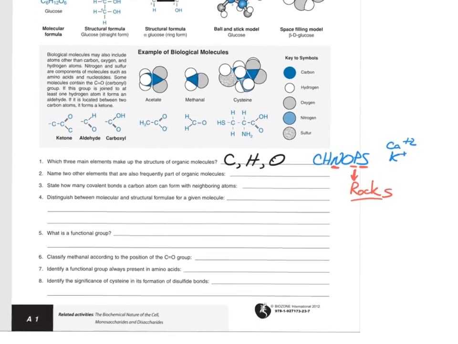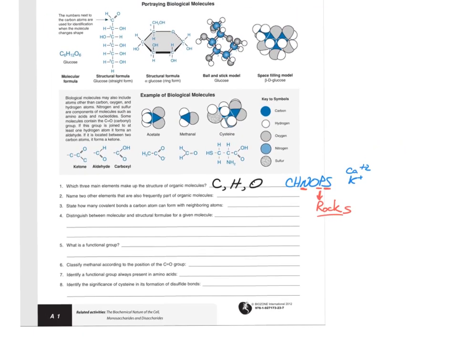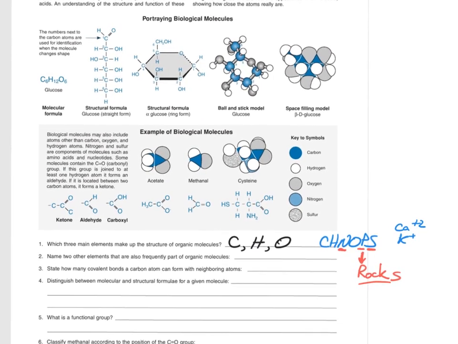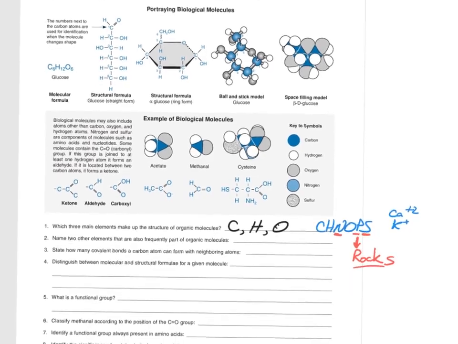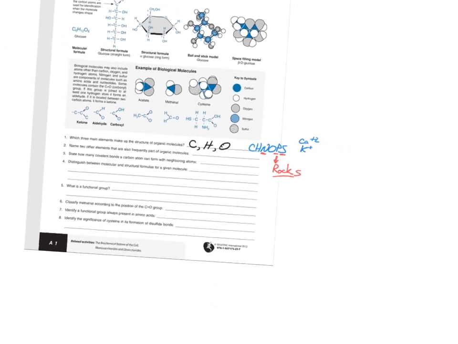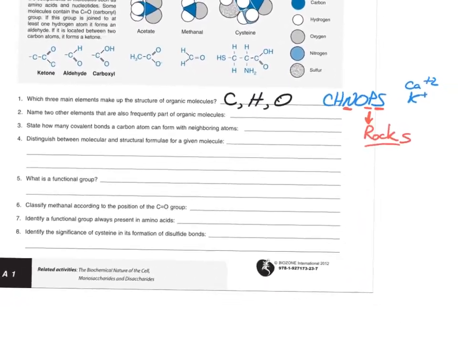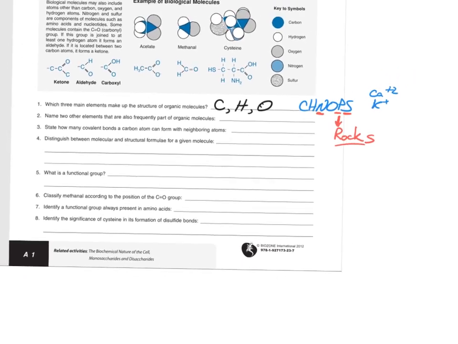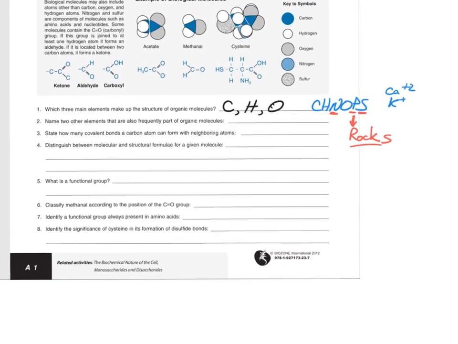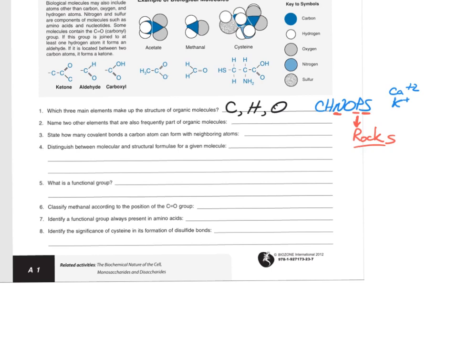We can draw and represent molecules in different forms, in different ways, depending on what we're trying to communicate. One of the things that you really don't need to memorize, but you do have to have a sense about, is this idea of functional groups.